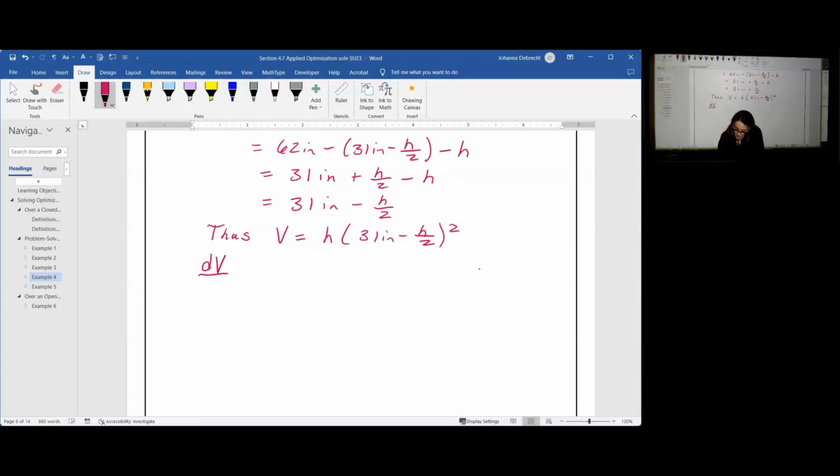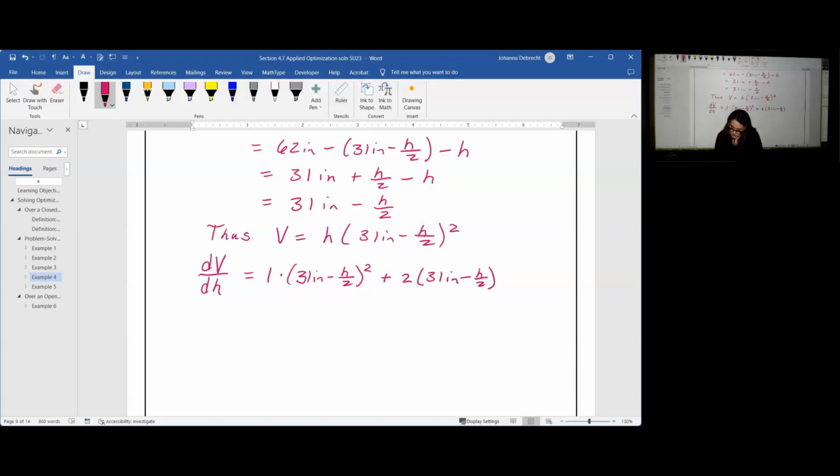I'm going to apply the product rule and the chain rule this time. The derivative of the first factor H is 1 times the second factor unchanged. Then I'm going to add to that the derivative of the second factor using the chain rule.